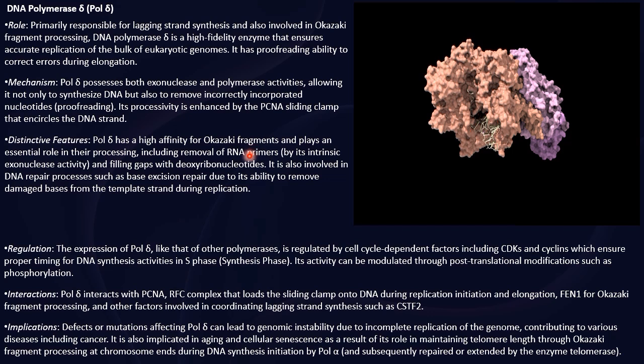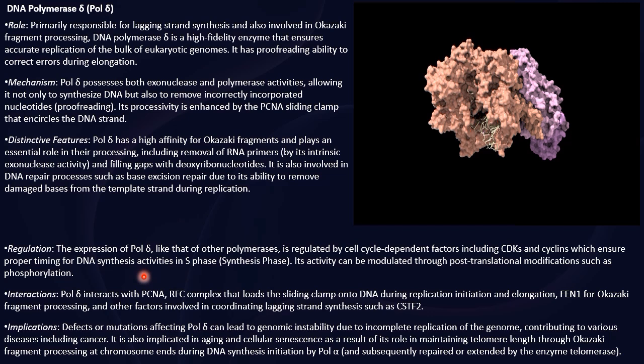This is also involved in DNA repair mechanisms such as base excision repair due to its ability to remove damaged bases from the template strand during replication using its exonuclease activity. Now let's talk about the regulation of DNA pol delta. The expression of DNA pol delta, like that of other polymerases, is regulated by cell cycle dependent factors including CDKs and cyclins, which ensure proper timing, which we have discussed in our previous slides.